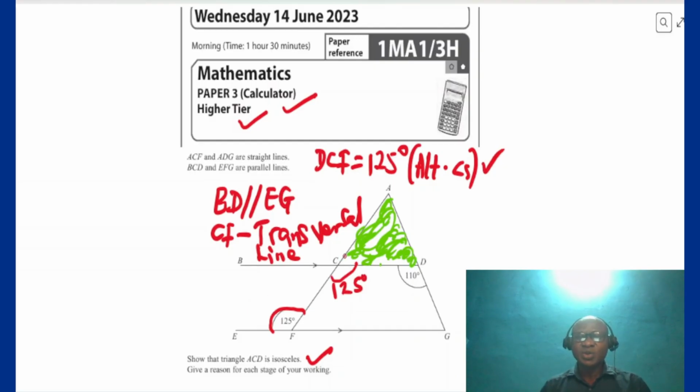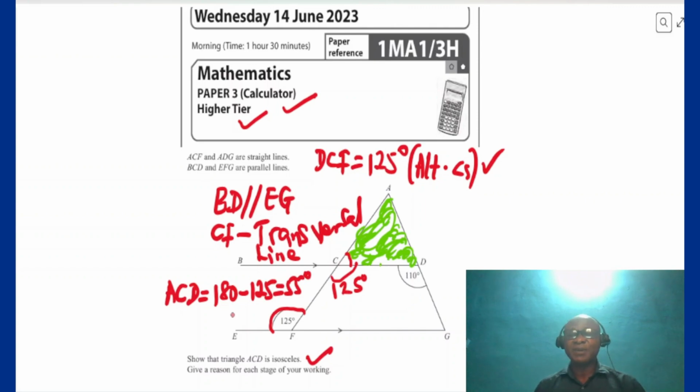Again, let us look at this place, which is called angle ACD. Angle ACD is equal to 180 minus 125, and that is going to give us 55 degrees.